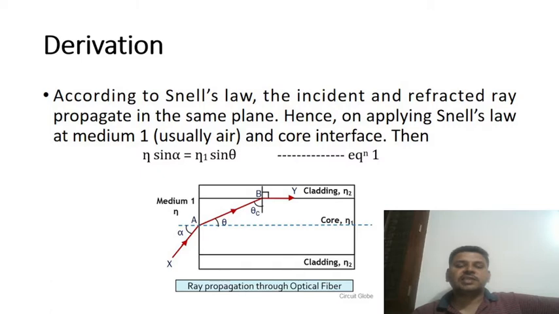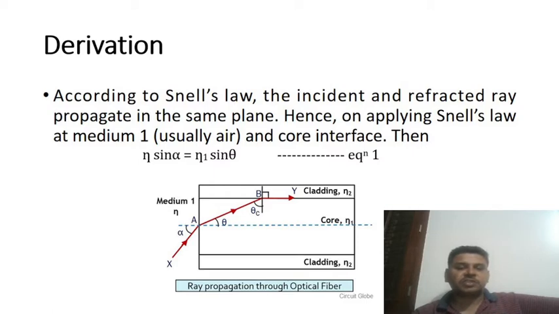The incident and the refracted radiation propagate in the same plane, so we apply Snell's law from the air medium. In the air medium, light incident at the angle of acceptance, alpha, gets refracted.